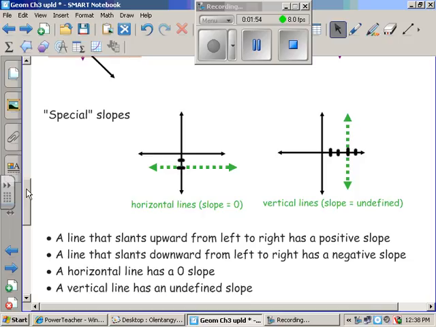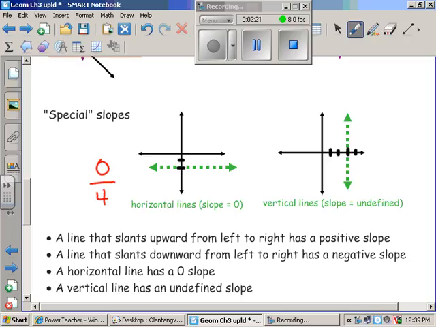So we already talked about how a horizontal line has a slope of 0. And if you think about it, it kind of makes sense too, because a slope of 0 would be 0 over a number, like 4, right? And this means the rise, it's not going up at all, and it's going over 4. So if it's not going up at all, doesn't that make sense that it's horizontal?